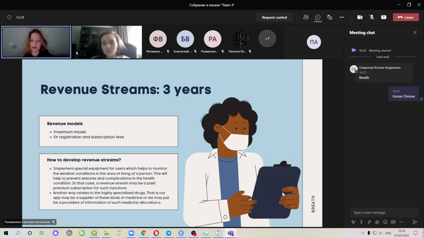Or another way relates to highly specialized drugs. Our app may be a supplier of these kinds of medicine. In that case, we will get a share from these orders. Or we may just be providers of information about such medicine allocation.